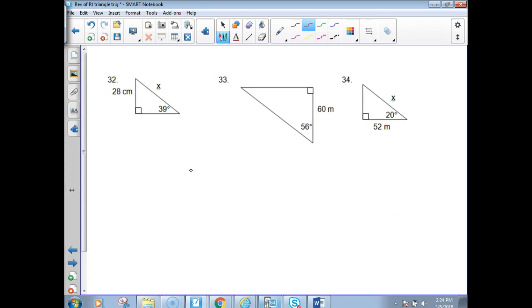32, please. Okay, I'm going to set it up. Okay, you chose the sine because opposite, trying to find the hypotenuse. Good, that is correct. So it's going to be 28 over x, you said, right? So let's see if we calculate this one correctly, because x is going to be 28 divided by the sine of 39, not multiplied.